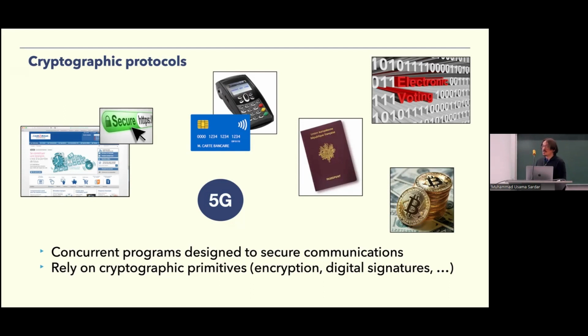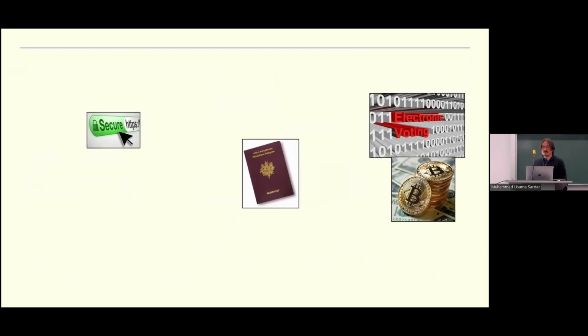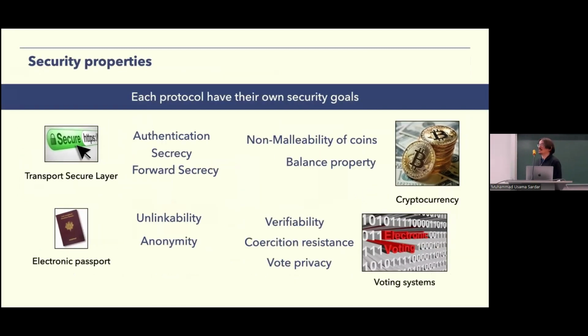Each of those protocols is different, and they also satisfy different kinds of security properties. So when you think of modeling a protocol, you need to understand what kind of security property you wish to verify. The more classical ones are authentication, secrecy, and forward secrecy; authentication and secrecy are the historical ones, and forward secrecy is more recent.